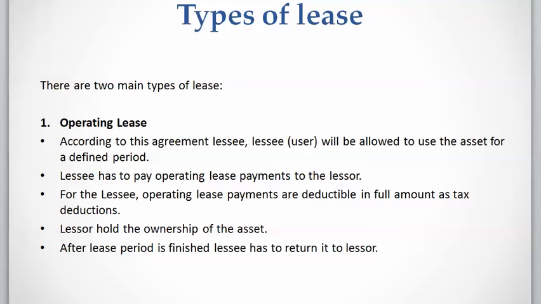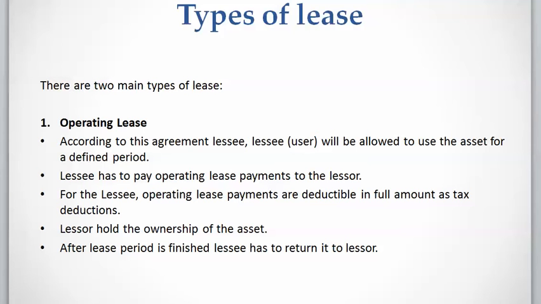The lessee pays the operating lease payments to the lessor. These operating lease payments are deductible in full amount from revenue as tax deductions. They work similar to operating costs.